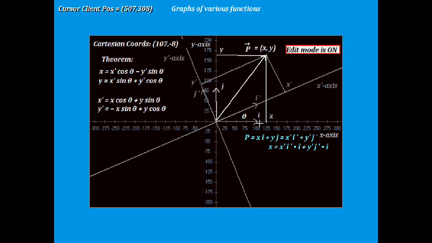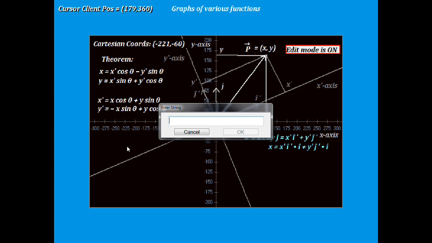Let's see now, i prime dot i. Remember that the dot product of two vectors is the magnitude of the two, 1 in this case, times the cosine of the angle between them. So i prime dot i is cos theta. So this is x prime cos theta. I'll put the theorems over here.